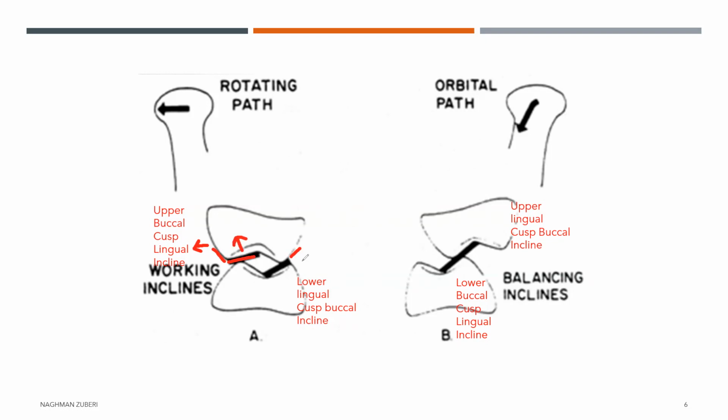Similarly, the lingual cusp has the lingual incline of the lingual cusp and the buccal incline of the lingual cusp. So far, so good. Everybody is okay? Yes, no, maybe.